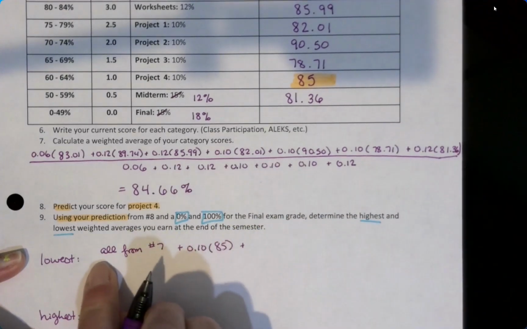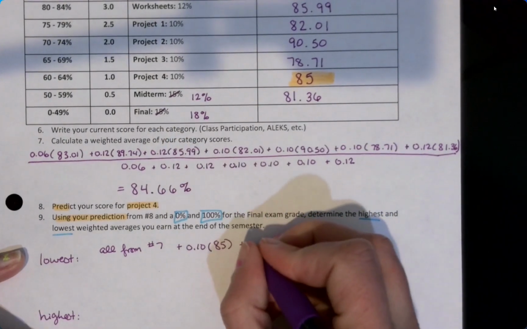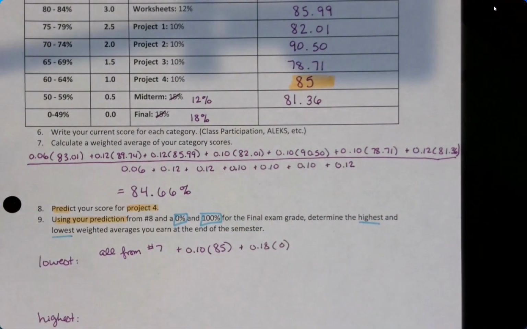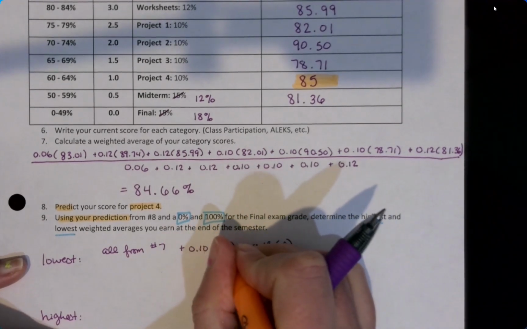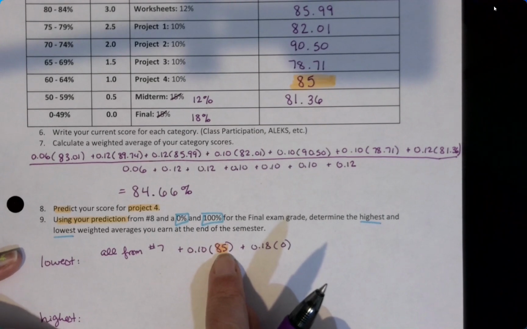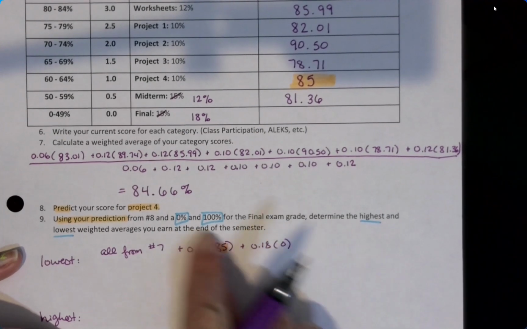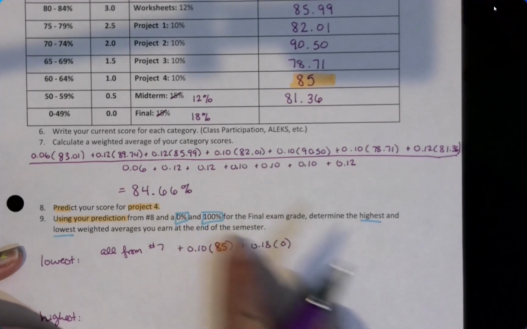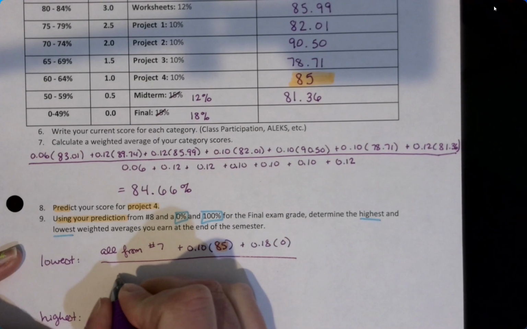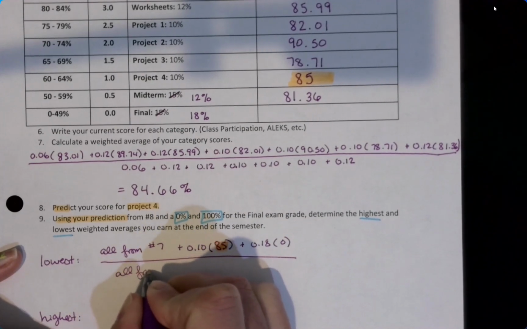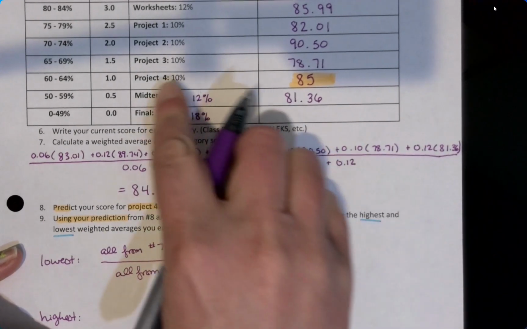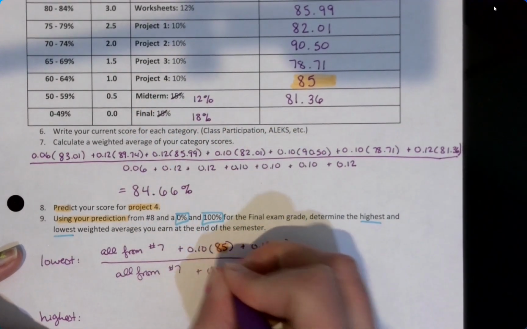So I do just need to continue and type the 10% times my Project 4 prediction and the 18% times my final. Also, I already have all the rest in the denominator, so I just need to add on the 10% from Project 4 and the 18% for the final. So if I did 85 on my project and a 0 on my final, my grade would drop down to a 69.5%.